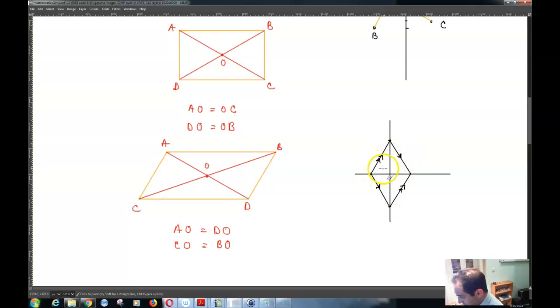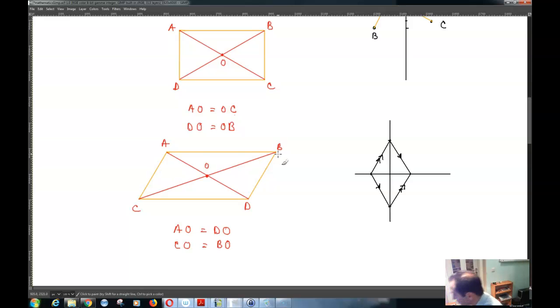And in this case as well, the diagonals are the bisectors of one another. So that's basically what happens in a parallelogram.